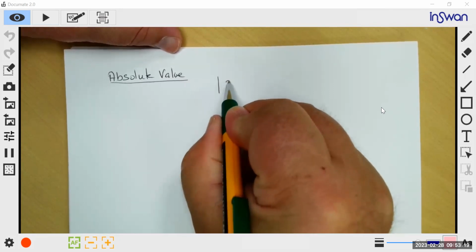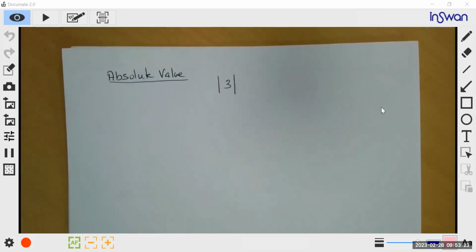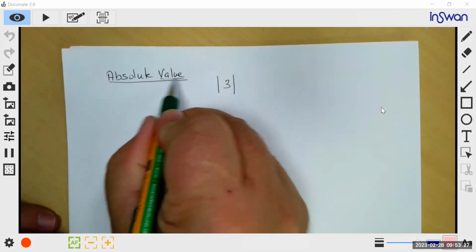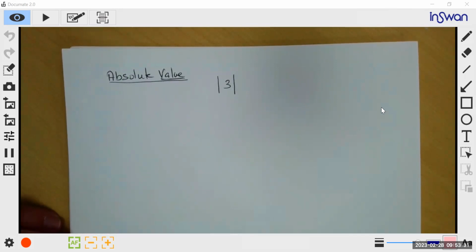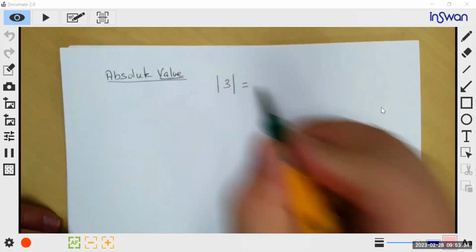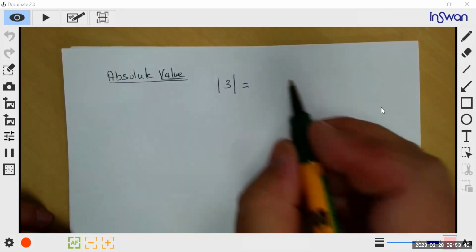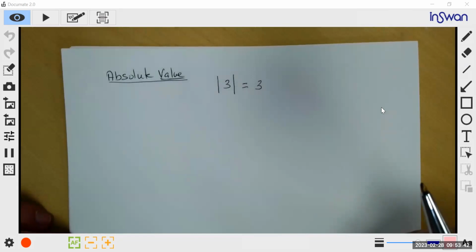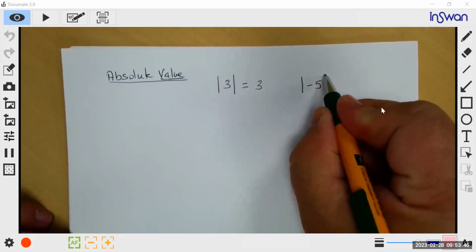That's absolute value. You've seen it before, it's just the name. It's a value. It's a single number. So what is the absolute value of 3? Three. What's the absolute value of -5?